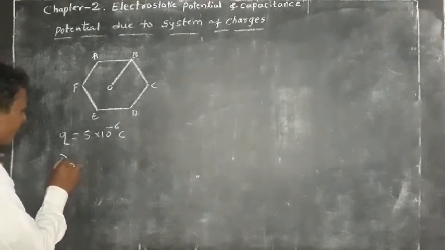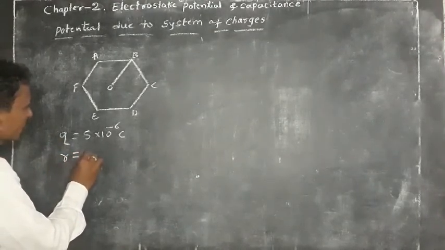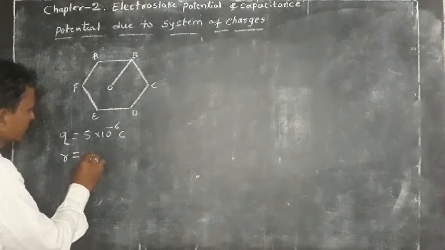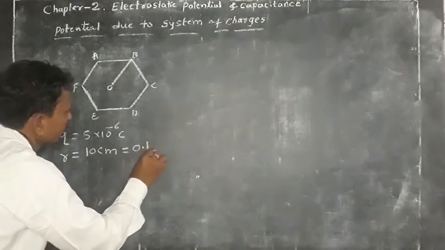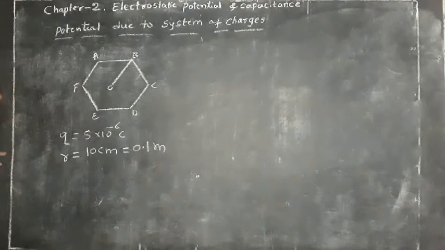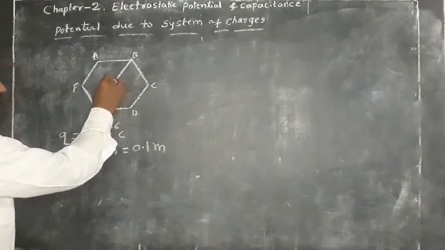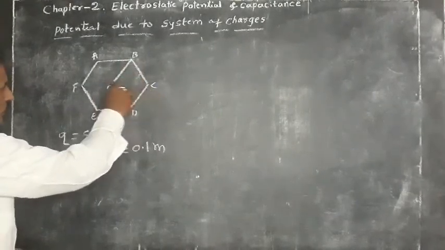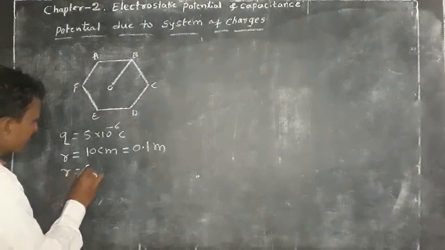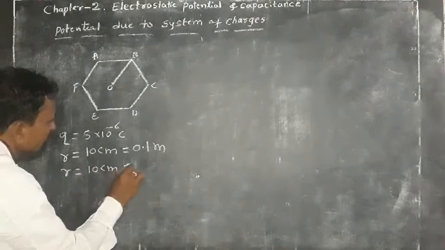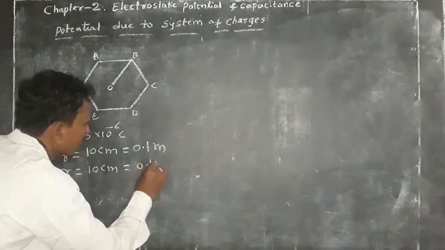Let R is equal to 10 centimeter, and that is equal to 0.1 meter, and the distance between the center and each vertex is the same, and that is also equal to 10 centimeter for a regular hexagon, and that is equal to 0.1 meter.